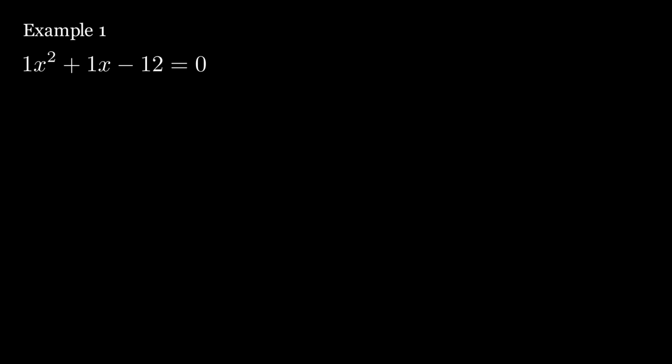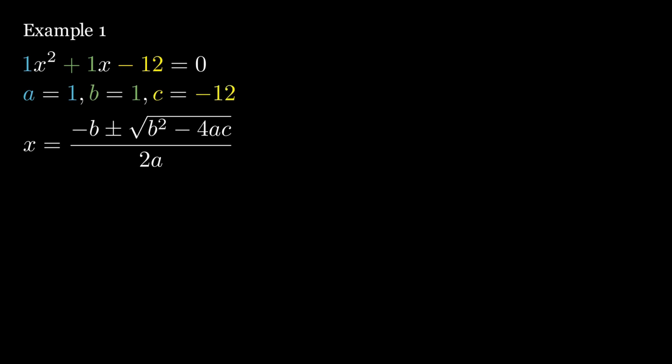If the right hand side is not equal to 0, we need to move the terms to set it equal to 0. In this case, the setup is done, so we can directly grab the numbers. A is equal to 1, B is equal to 1, C is equal to minus 12, and then we plug it in the quadratic formula.